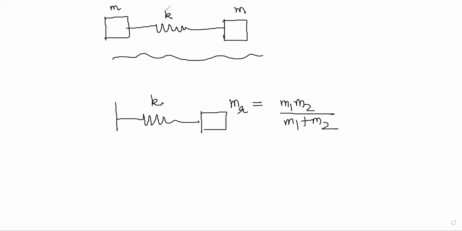If this is m1 and this is m2, and in this case m and m were same, this becomes m by 2. The reduced mass was m by 2 in this case.